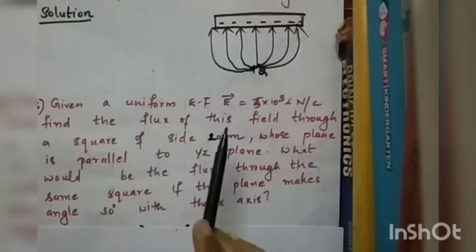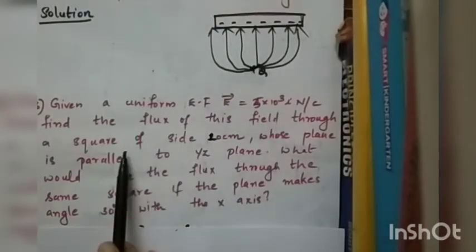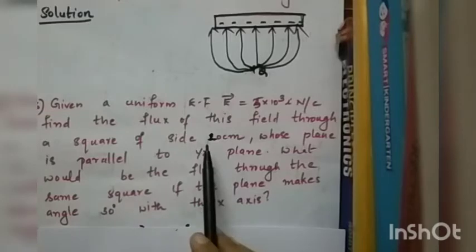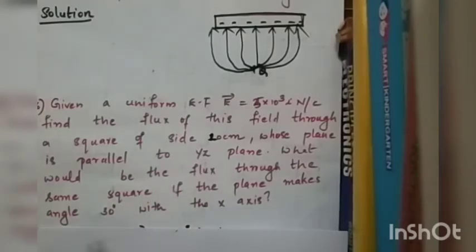Okay, so what is given here? The electric field is given, which acts along the x-axis, and you need to find the electric flux through a square. The side of that square is 10 centimeter, and the plane of that square is parallel to the YZ plane. So what will be the direction of the area vector?